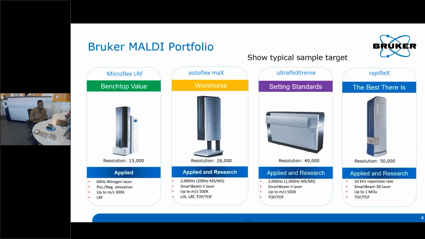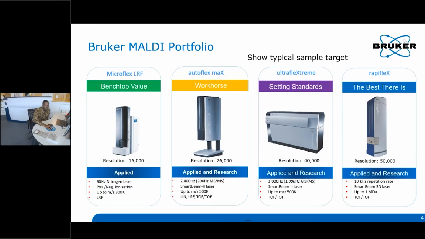And this comes with a resolution of 40,000, a 2,000 hertz Smart Beam 2 laser, can also see up to 500,000 Dalton. And of course, higher resolution, the better information you can get from your sample. So if you have a very complex mixture or very complex sample, that comes in very handy. And this is something that you will not be able to increase later on as well.